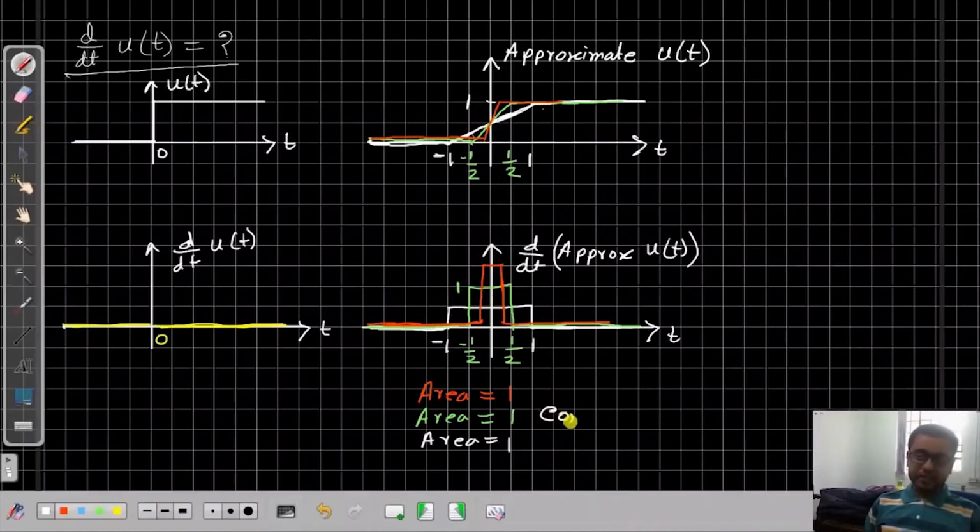However, the area shall remain constant equal to 1, and this is nothing but our unit impulse function. When you imagine the extreme limit, this is going to be our unit impulse function. So the result is that d/dt of u(t) is equal to delta(t).